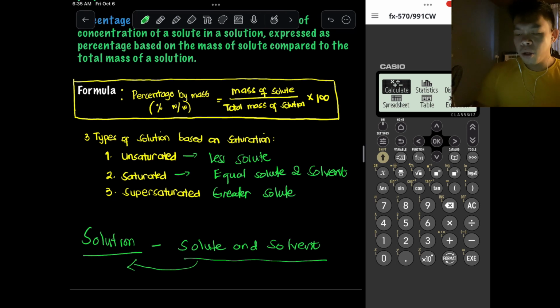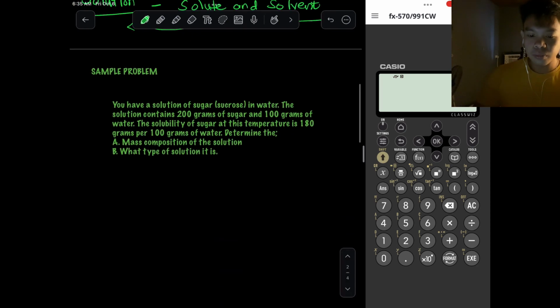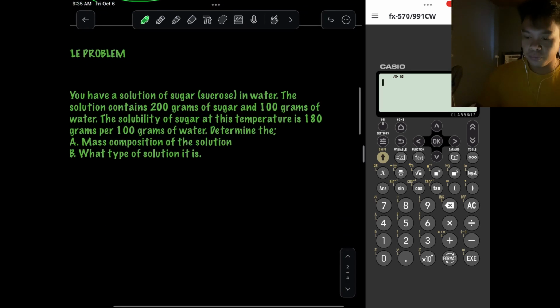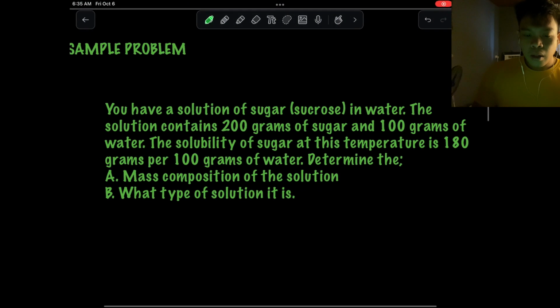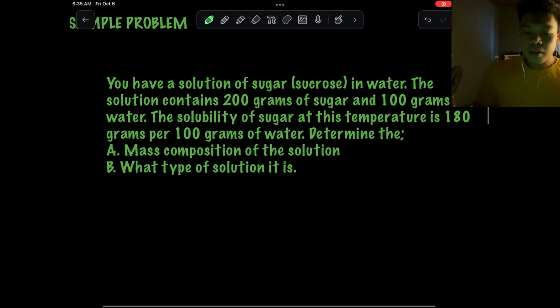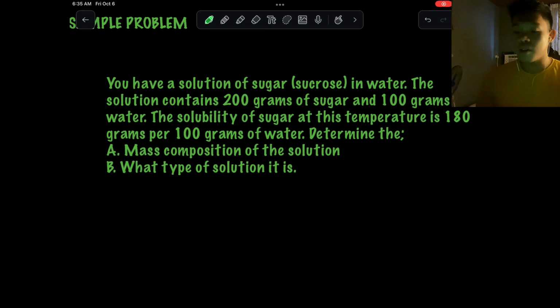Now, we're going to solve a problem that uses this type of calculation, and we will determine whether the solution is saturated, unsaturated, or supersaturated. Our sample problem is: you have a solution of sugar, sucrose, C6H12O6, in water.